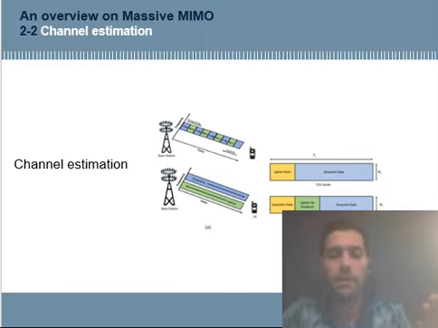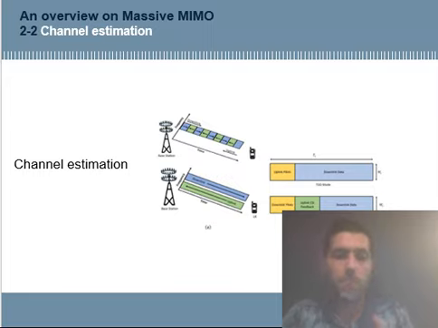During uplink, channel estimation is done by the base station with the help of orthogonal pilot signals sent by the user terminal. And during the downlink, the base station sends pilot signals towards the user, and the user acknowledges with the estimated channel information for the downlink transmission.